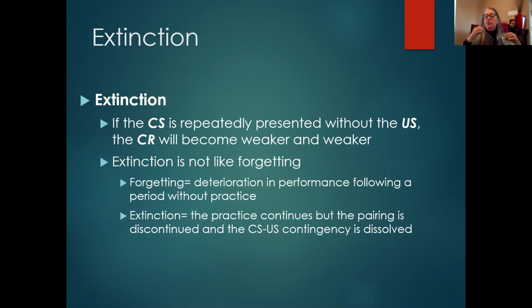It's not that the dog has forgotten that the metronome leads to food. It's that the dog has now learned something new, that the metronome is not going to be paired with the food, so the salivating goes away. So it's more of a contingency issue. It's new learning, not unlearning or forgetting.